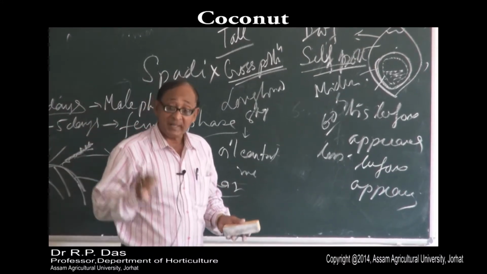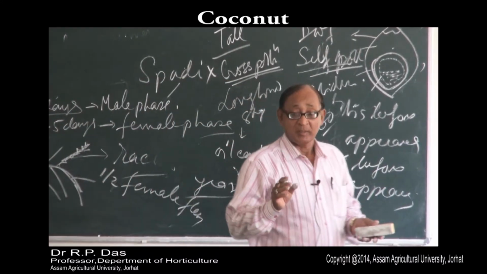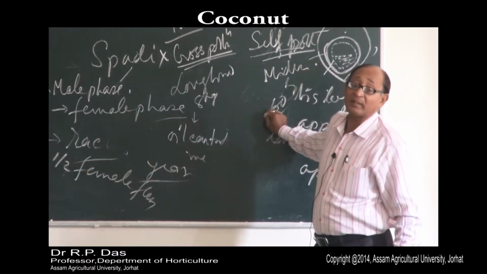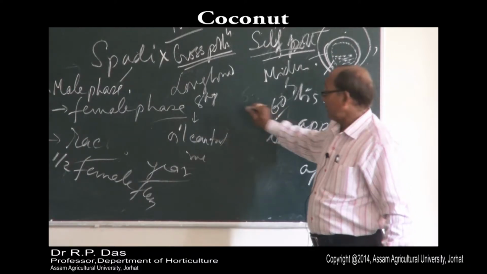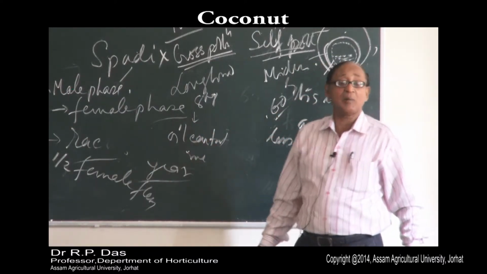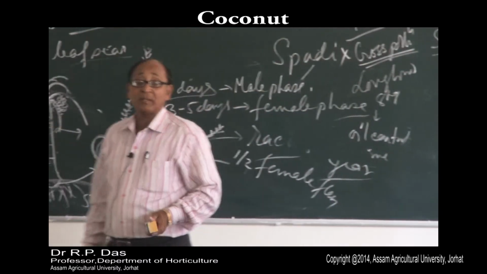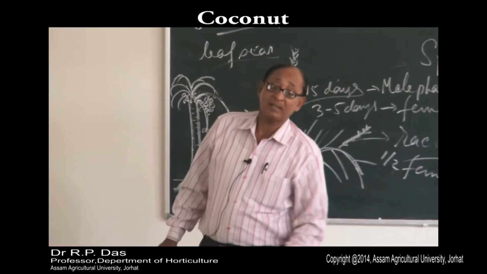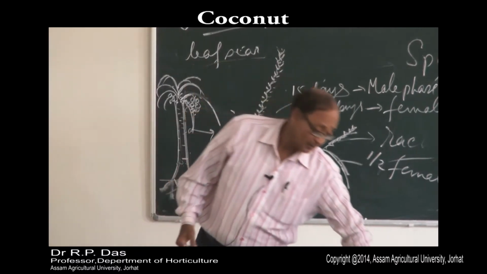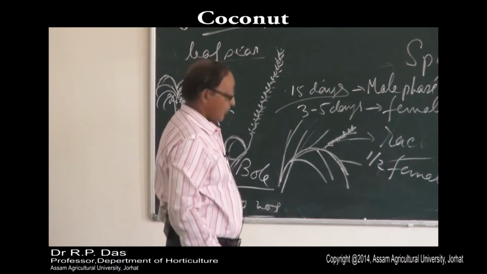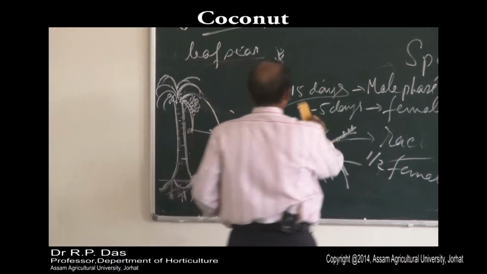But generally, the kernel of the dwarf variety is sweeter than tall variety. Tall varieties kernel are also sweet, but dwarf varieties kernel is more sweet than tall varieties.